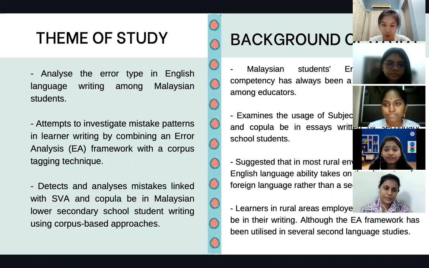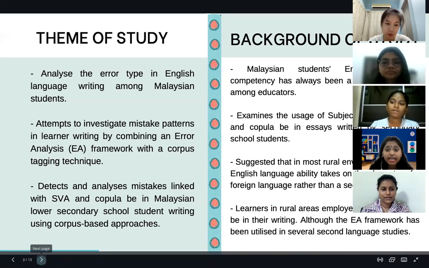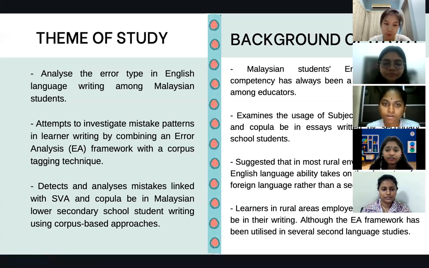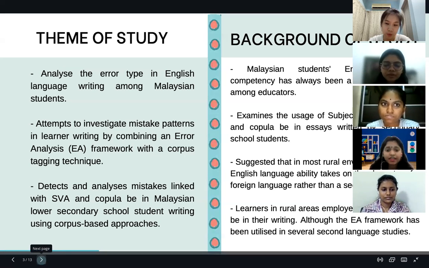This research paper revealed how learners in rural areas employ SVA and Copula BE in their writings. Although the EA framework has been utilized in several second language studies, it is still helpful and relevant in today's environment since Malaysian learners continue to struggle with accurate grammar after years of study. Moving to the next presenter.